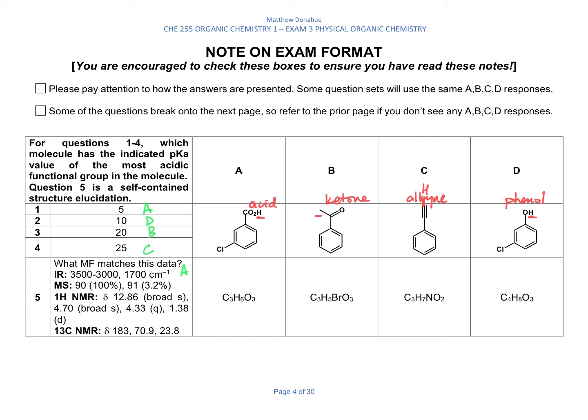So IR looks like it will have an OH functionality based on 3500 to 3000, as well as at the 1700, so that's our typical carbonyl. So if we look at just that and we consider what elements are there, we have a carbon, 2 oxygens, and then H, so CO2H thus far.